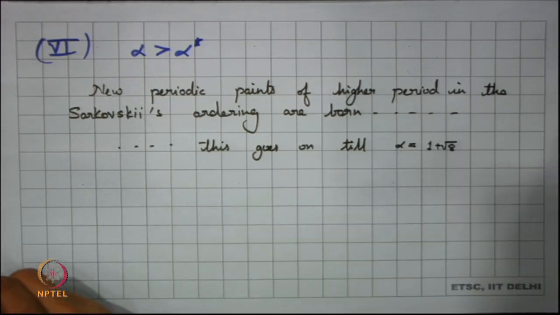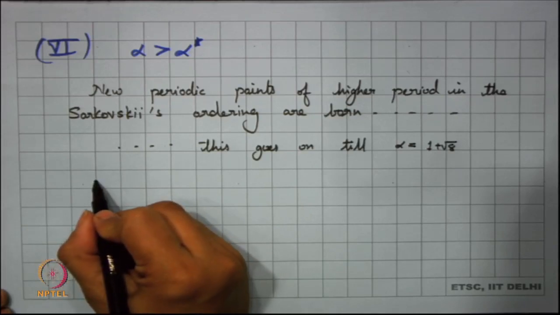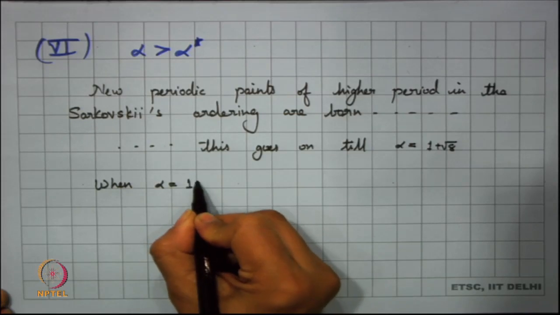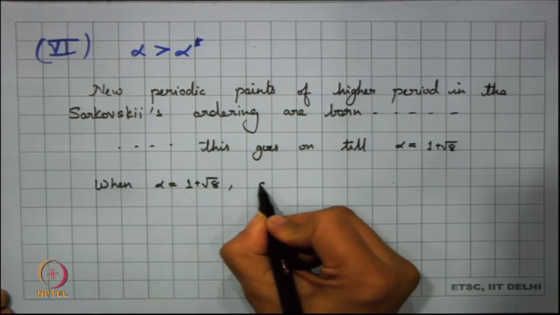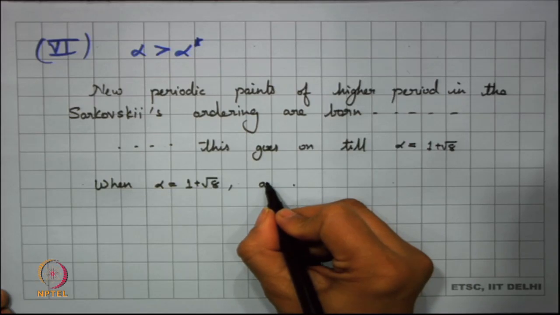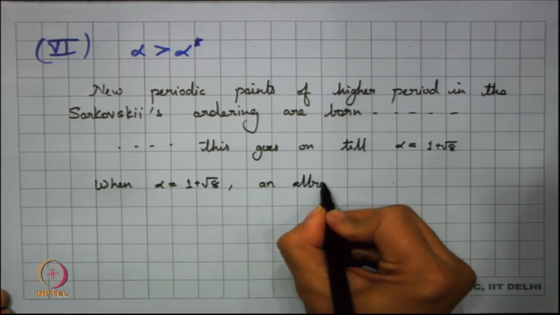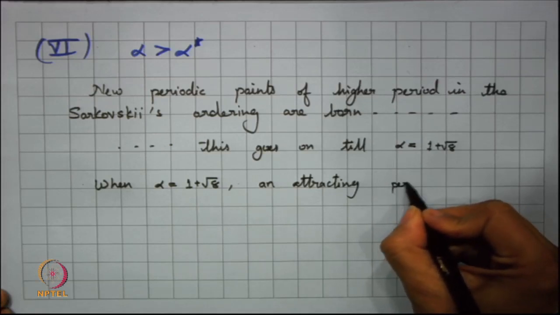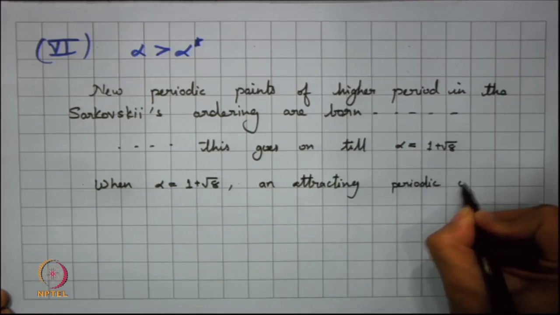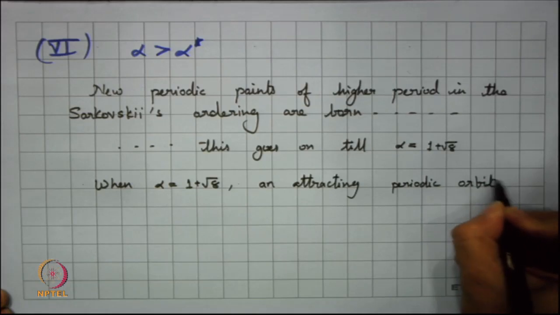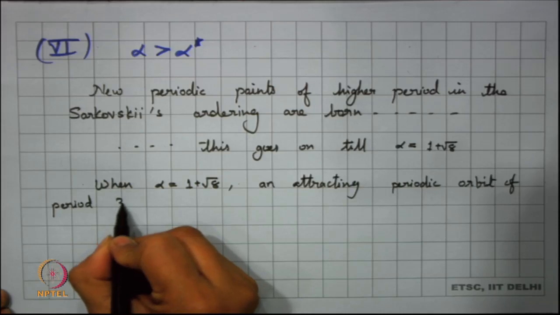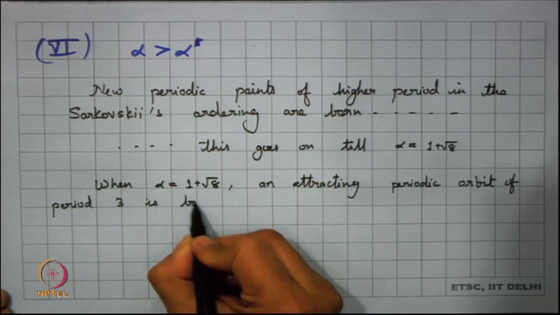Now, what happens at 1 plus root 8? When alpha equals 1 plus root 8, I should say an attracting periodic orbit of period 3 is born.